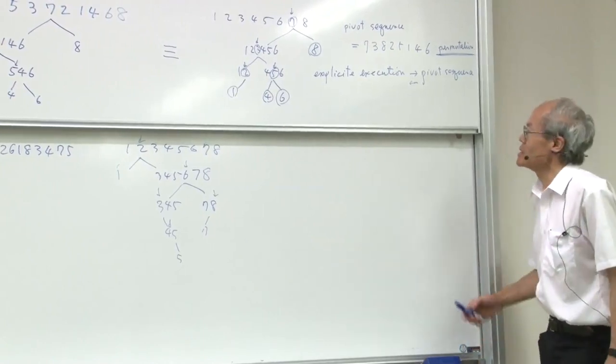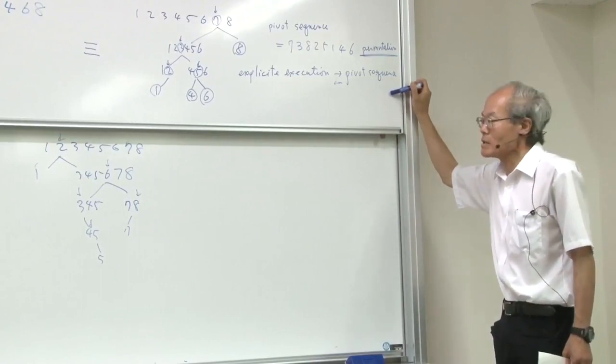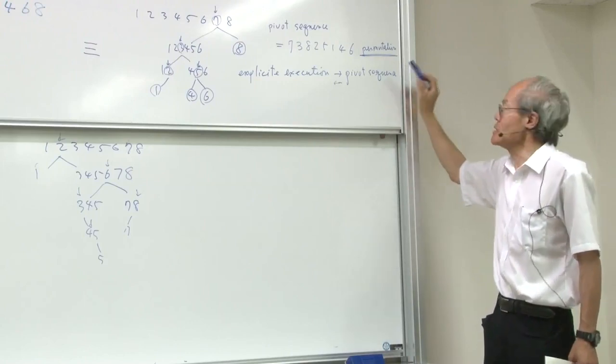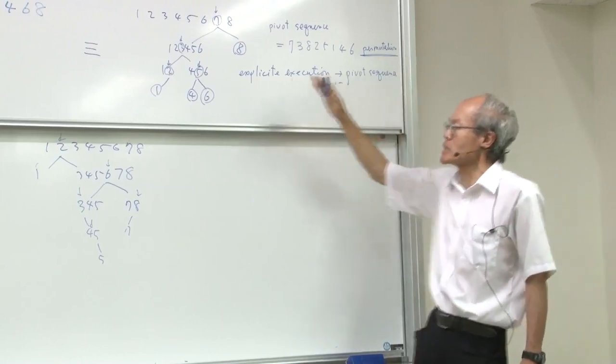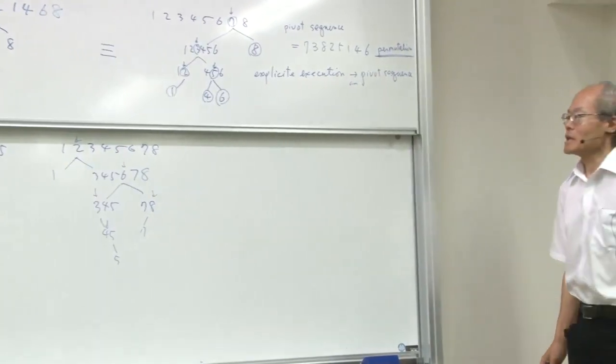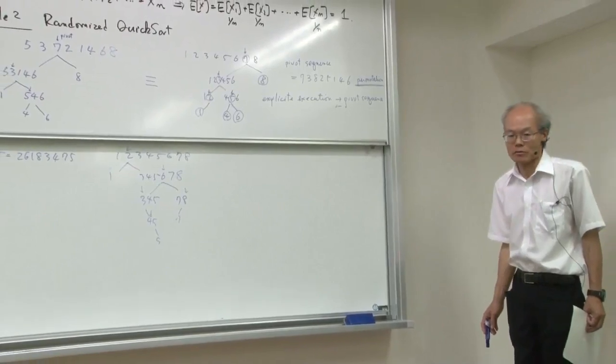That means if we are given a pivot sequence, there is a one-to-one correspondence between the pivot sequence and the execution sequence of random quicksort.